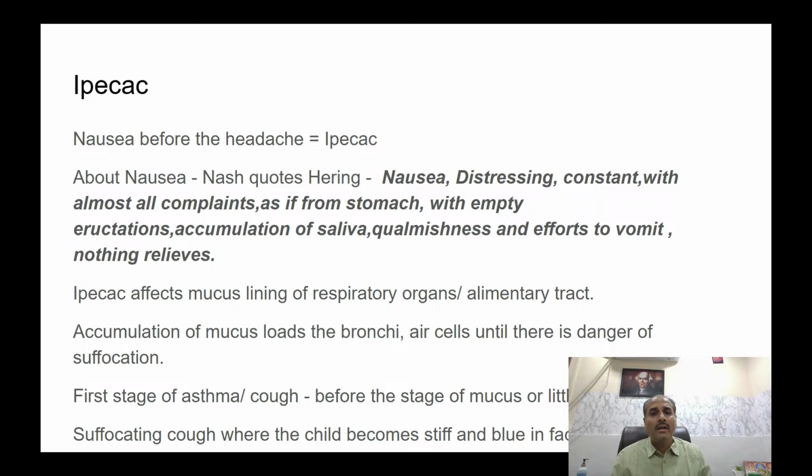So Dr. Nash tells us that this remedy is to be employed in all the cases where there is suffocating cough or where the child becomes stiff and blue in the face. And he may also recover fast. But if he remains stiff and blue for a long time, then that is the Antim tart or Opium stage, which is the next remedy, Antim tart, that we'll cover with a small differentiation of Opium mentioned by Dr. Nash.